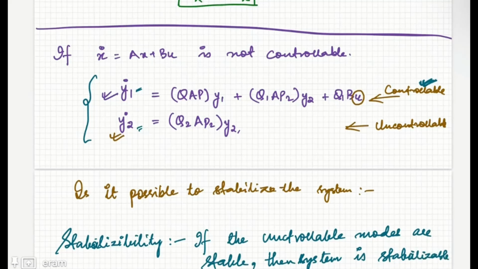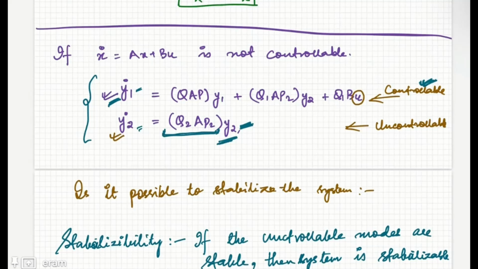That means that through U we can stabilize our state y1, and suppose that this uncontrollable mode, which in our case is y2, is stable. It will be stable when this state matrix A22 has eigenvalues on the left half plane.